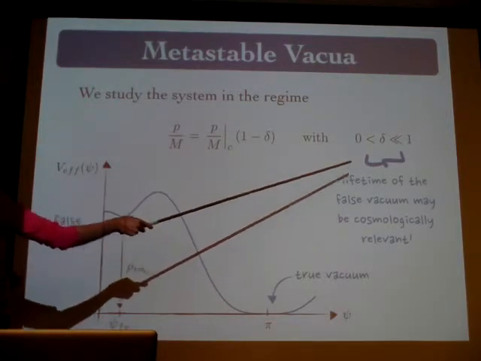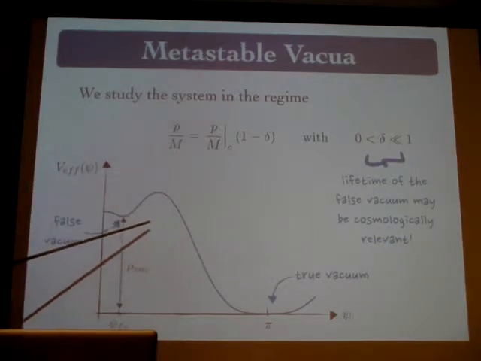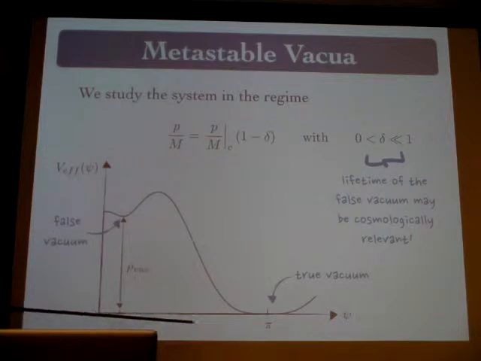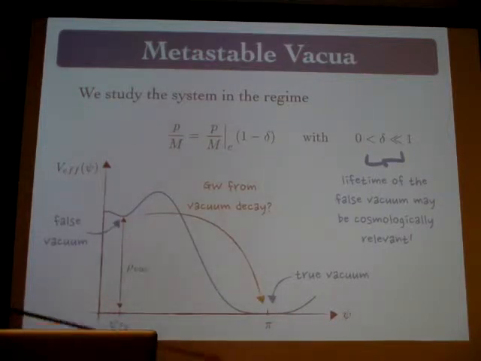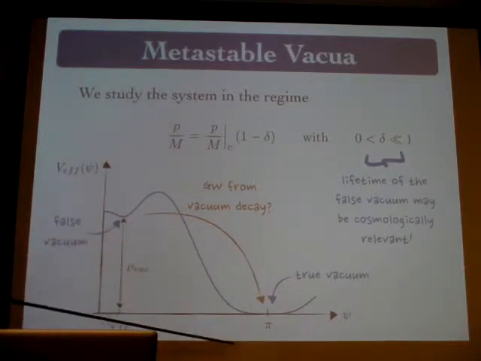We'll take delta to be much smaller than 1, in which case we'll find that the lifetime of this metastable vacuum might be of cosmological interest, as I'll say later. But the question we're trying to answer is whether gravitational waves produced from this vacuum transition could be strong enough to ever be detected.